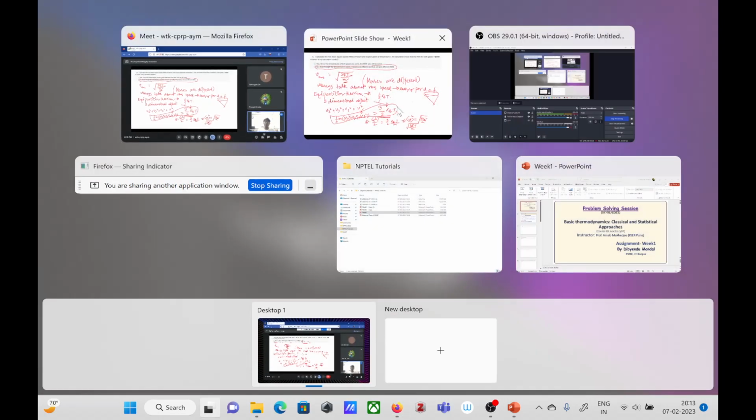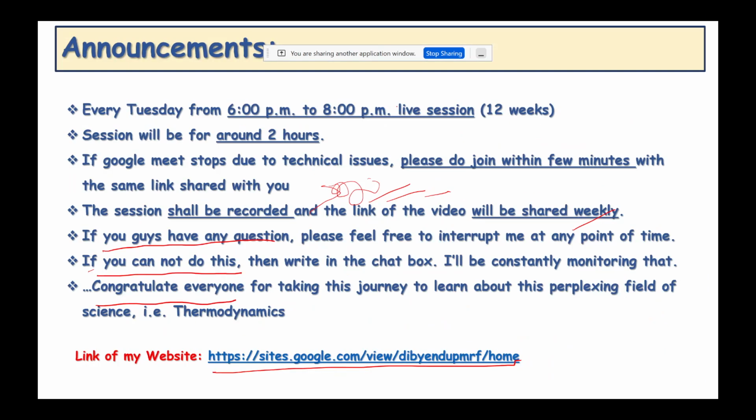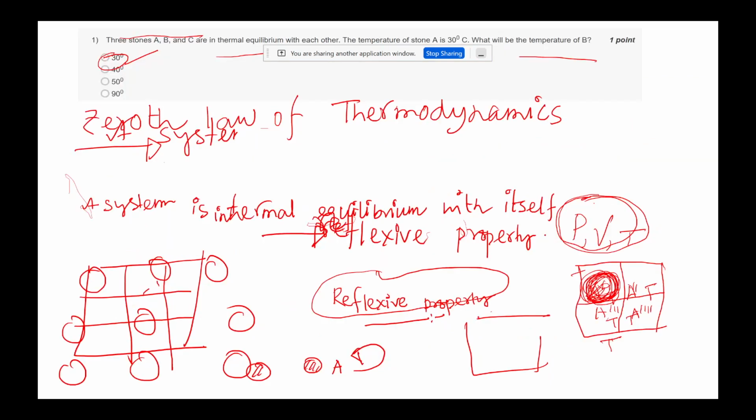Let me just summarize the concept. We first talked about the zeroth law of thermodynamics, which follows two basic properties: the reflexive property and the Euclidean property, to be precise, left Euclidean. It is quite a mathematical term. If a binary relation is reflexive and also Euclidean, then it is an equivalence relation, as I have discussed.